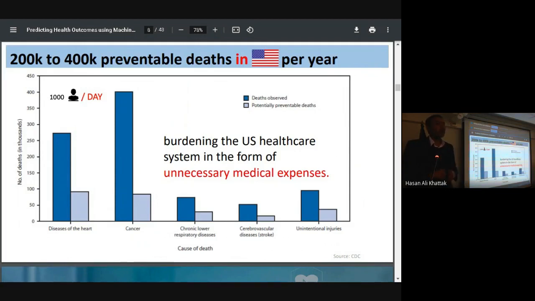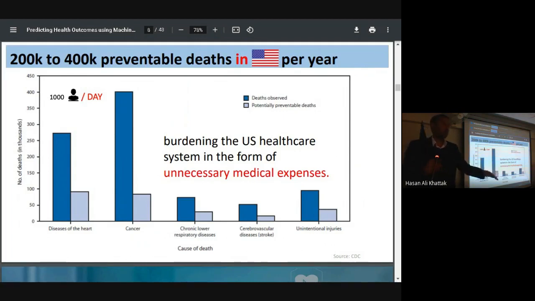Around 1,000, even more, unplanned or avoidable deaths happen every day in the US, because the data is mostly taken from US databases and surveys, and the data says around 200K to 400K preventable deaths in the US per year.